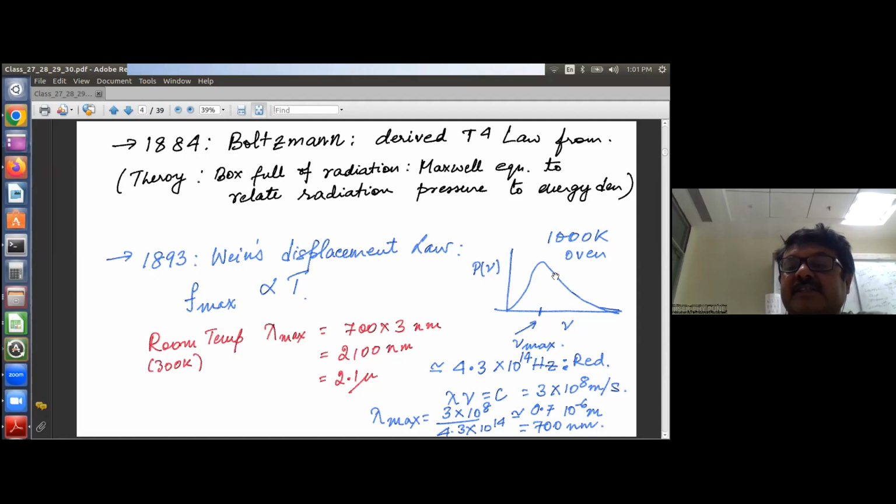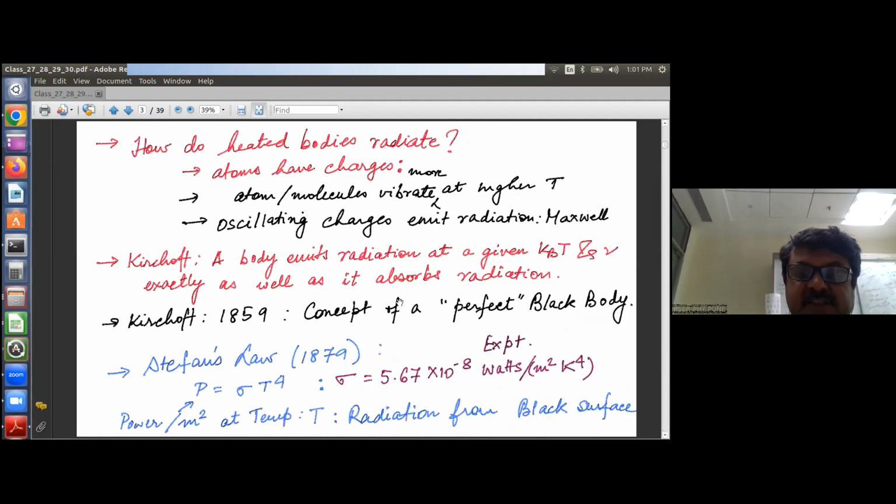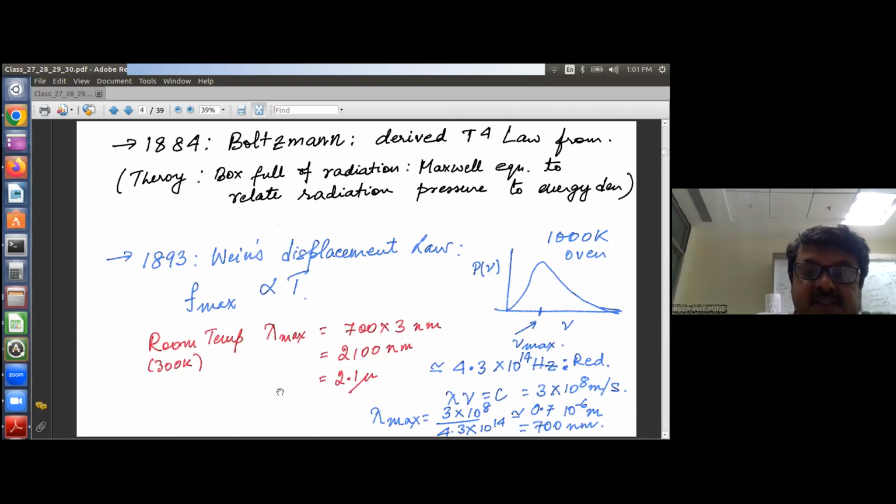And the peak of the energy density always changed, the frequency was proportional to temperature, which was called Wien's displacement law. Now, in 1884, from statistical physics arguments, Boltzmann had some explanation for Stefan's law, where he observed that the total energy per unit time per meter squared being emanated increased as T to the power 4, but it was not a complete theory.